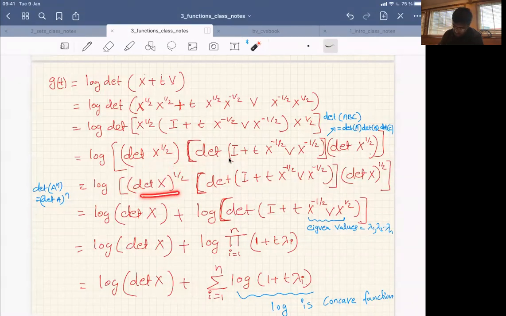I have two terms here, which I can multiply together and write as determinant x. Then I also have a product inside a log, so I can bring that outside the log and write it as a sum. So now I have log determinant x and log of this quantity.